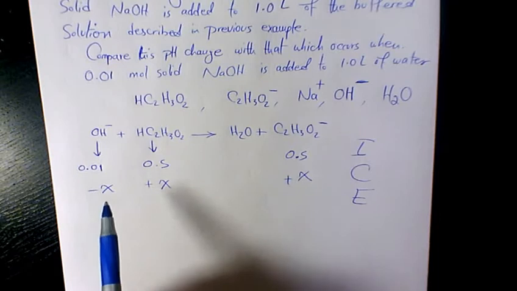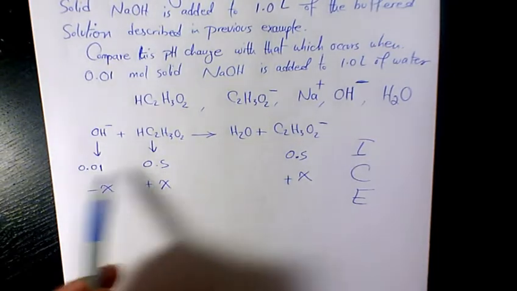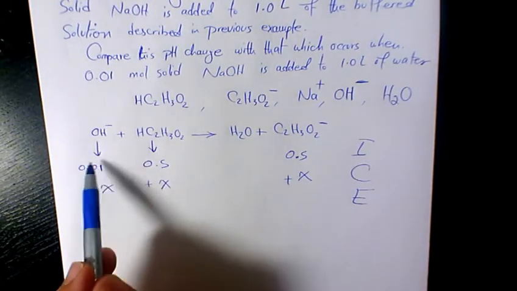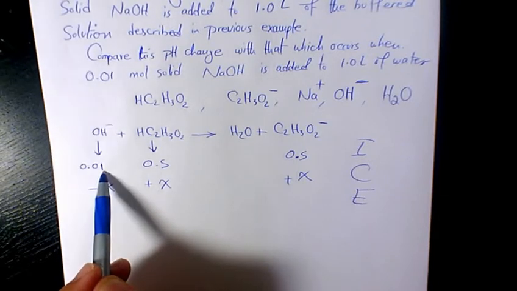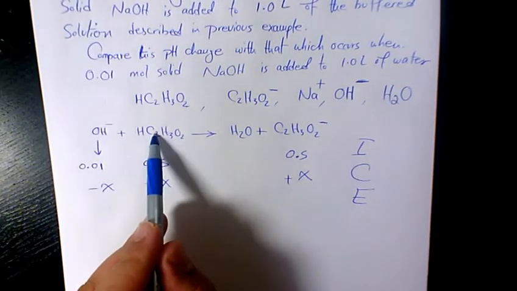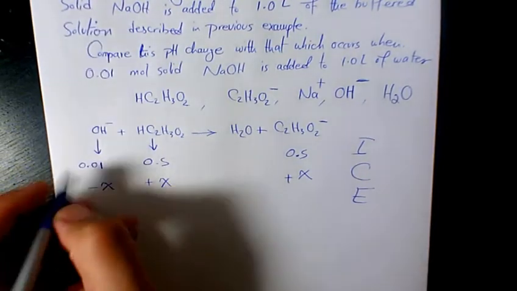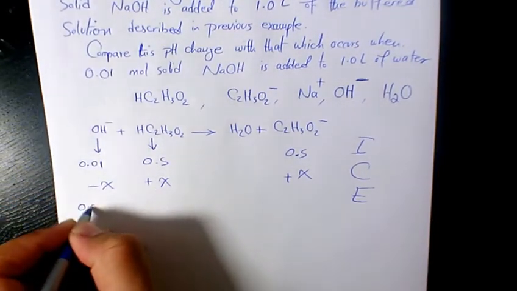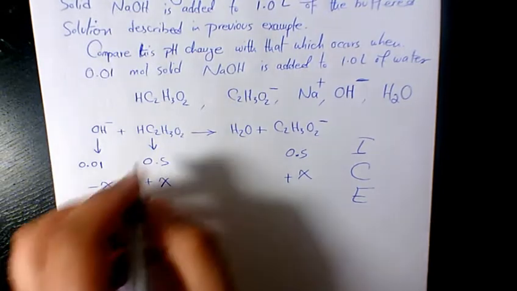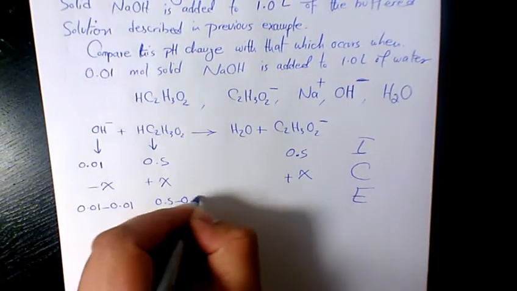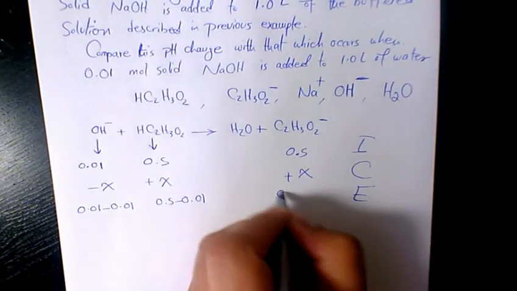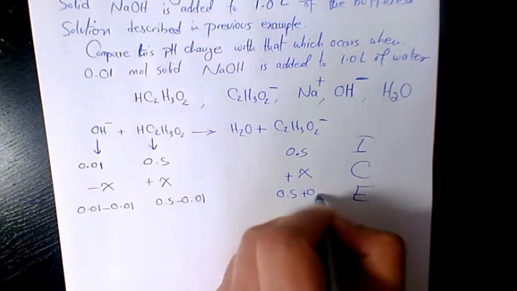But right now we know what is going to be the reaction, because 0.01 is base, 0.5 is acid, so definitely acid is going to neutralize this part. So we're going to have 0.01 minus 0.01, 0.5 minus 0.01, and here we have 0.5 plus 0.01.